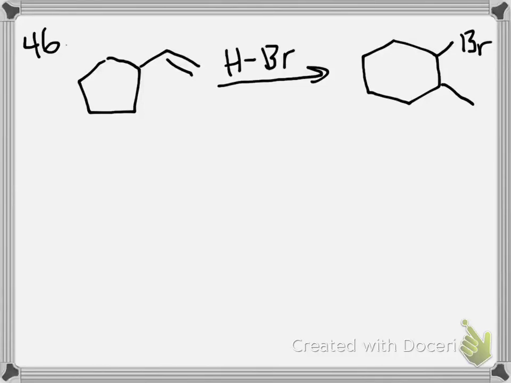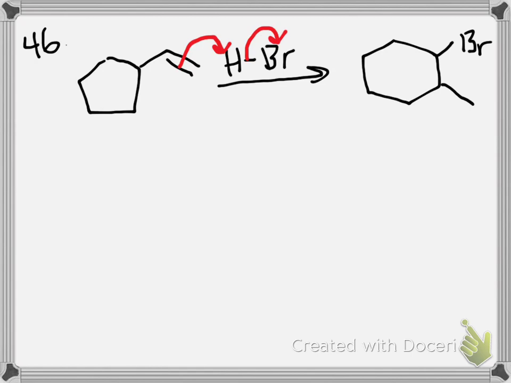All right, so now when you look at this problem here, you'll notice, hopefully, that that product is not expected. The expected product would result from this mechanism. So the carbon uses the pi electrons to form a bond to the hydrogen.